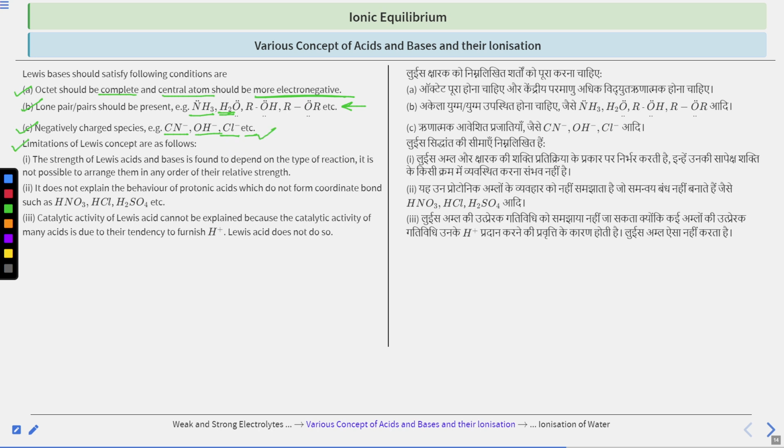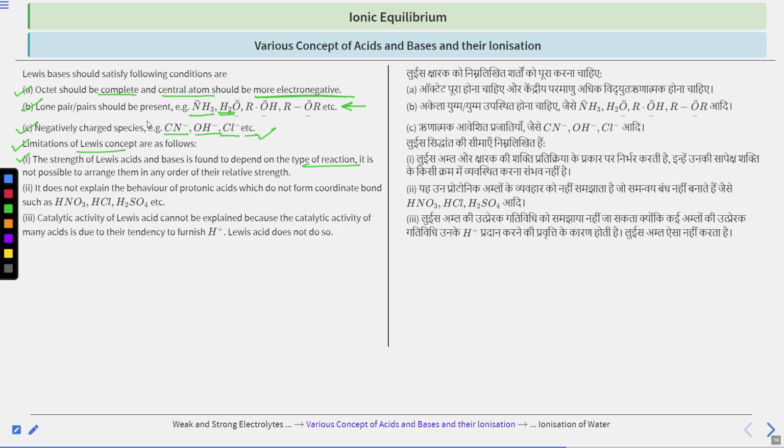The limitations of the Lewis concept, so there are limitations for the Lewis concept too. So what are these? First one, the strength of Lewis acids and bases is found to depend on the type of reaction. It is not possible to arrange them in any order of their relative strength.